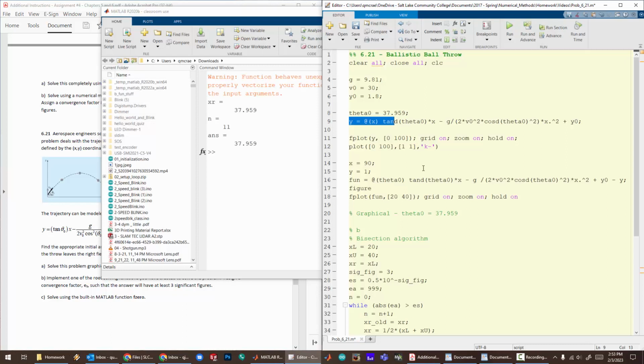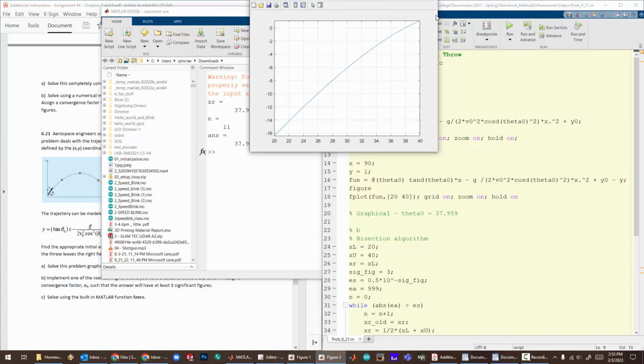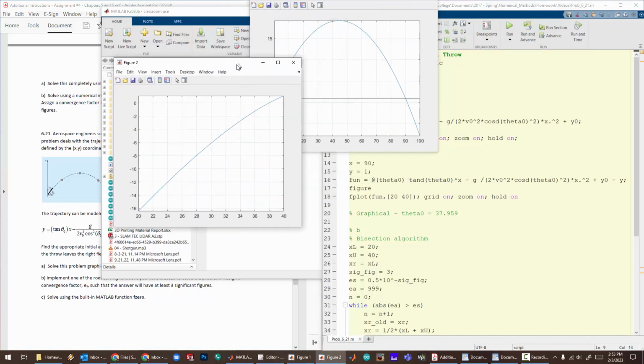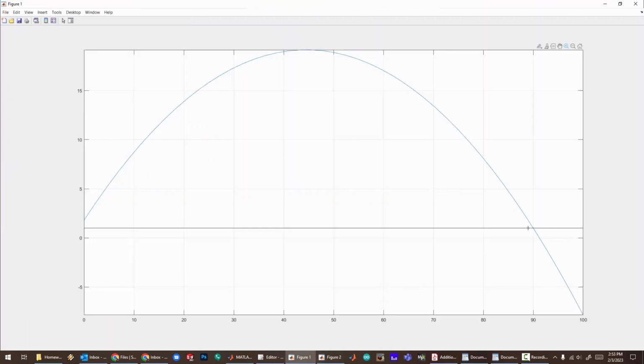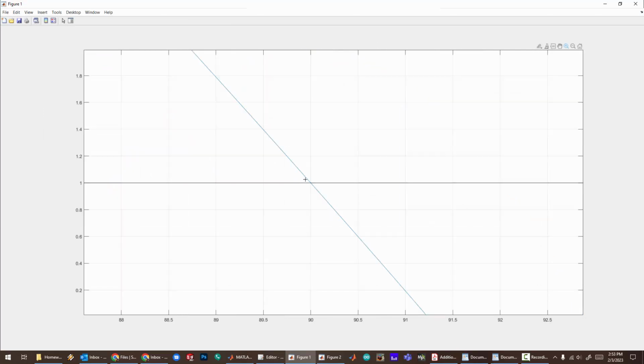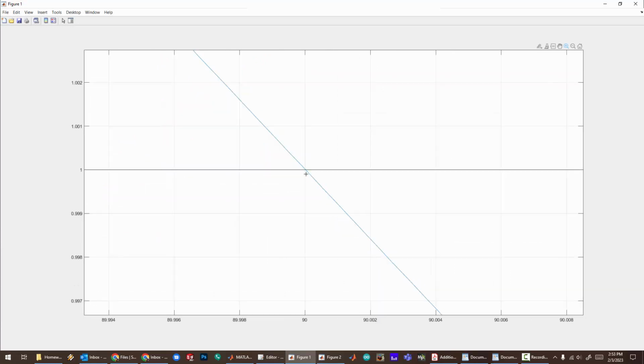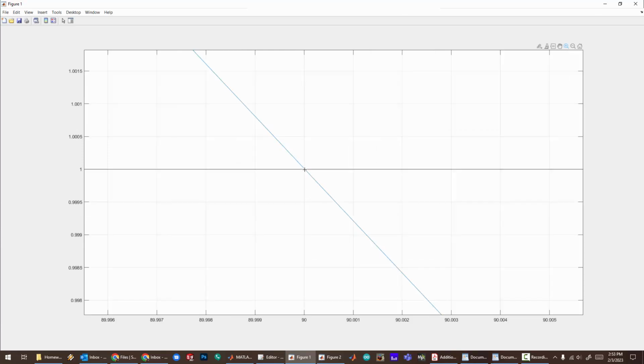So let's run that. Boom. Okay, so get rid of that one and look here. I don't know why it does that. We'll make it nice and big. So we start at 1.8 meters, we come way up here, and then we cross right at, look at that, right at 1 meter at 90. At 90 meters downrange, we're exactly 1 meter high.